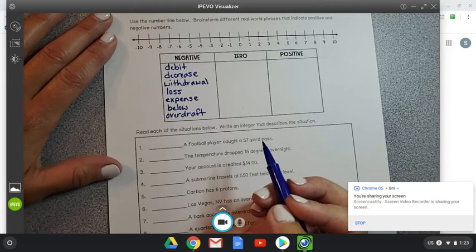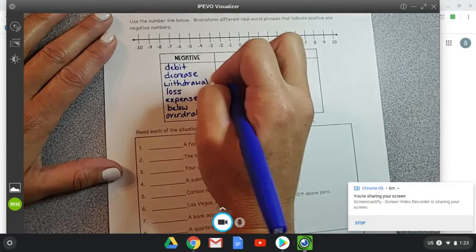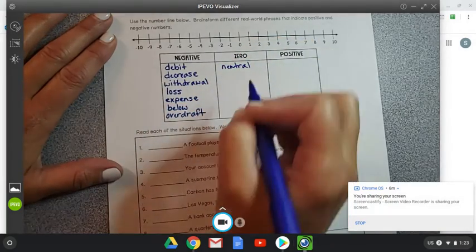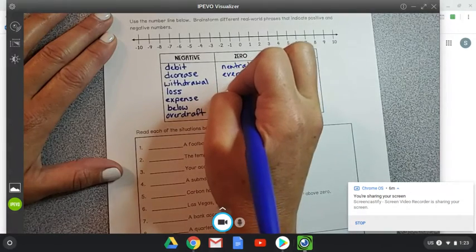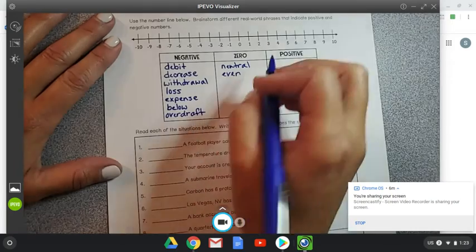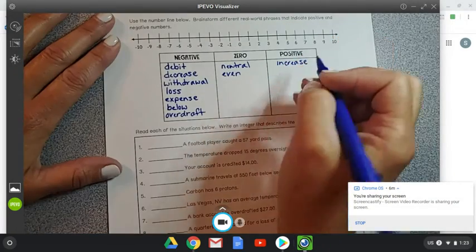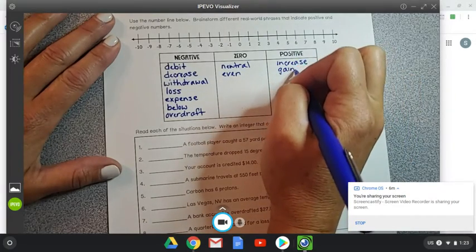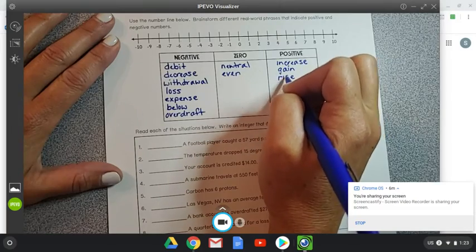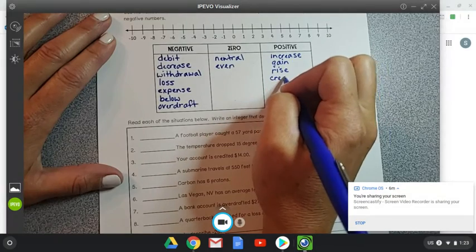All right, words that you see to indicate zero or no change would be neutral or even. All right. Some positive words that you might see: increase, gain, rise, credit.